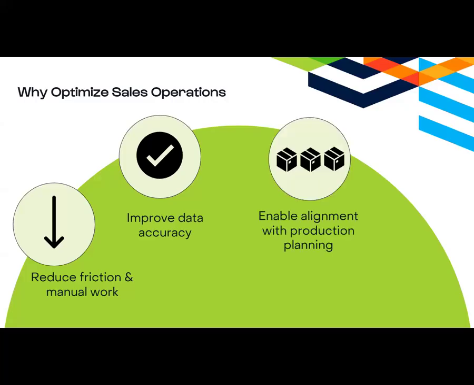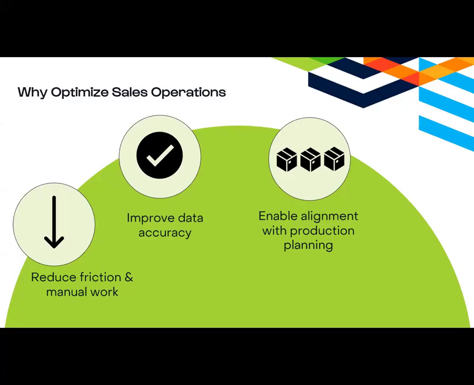Also, we want to enable alignment with production planning, and that's a big one. That has to do with many parts of the company besides just the sales team, and Sugar doesn't have to be only for sales. It can be for customer support, your support team, customer service, your implementation team, your delivery team, or production.